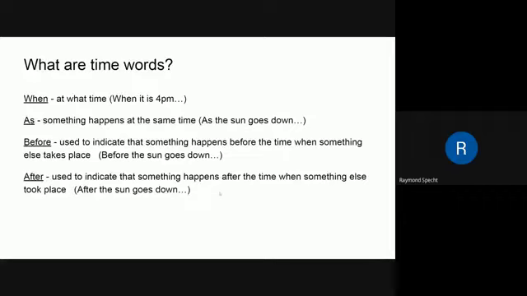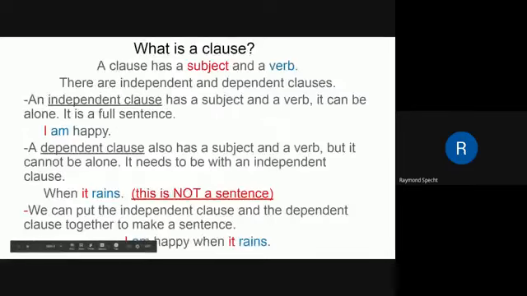All right. So again, we've got as, same time; before, indicates something happens before the time when something else takes place; and after indicates something happens after the time when something else took place. All right, and again, I'm going to give you 2 minutes, read over the slide, and then we'll talk about it together.